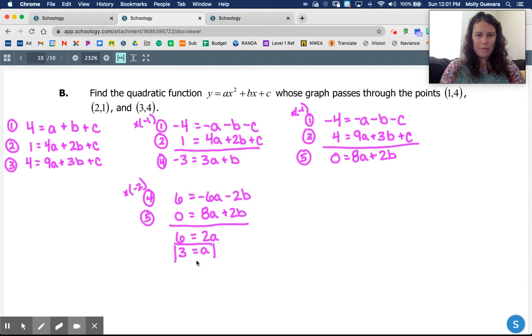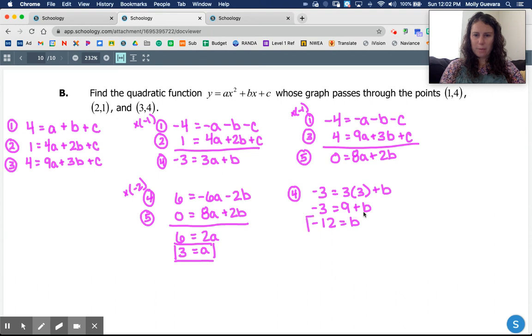Awesome. So once I have that one variable, I'm going to take that and I'm going to plug it back into either equation 3 or equation 4. And it doesn't matter. I'm going to use equation 4. So -3 equals 3 times 3 plus b. So -3 equals 9 plus b. Subtract, and I get -12 equals b.